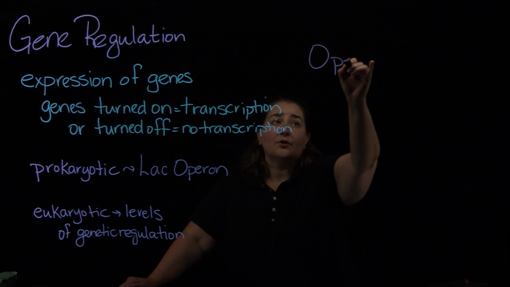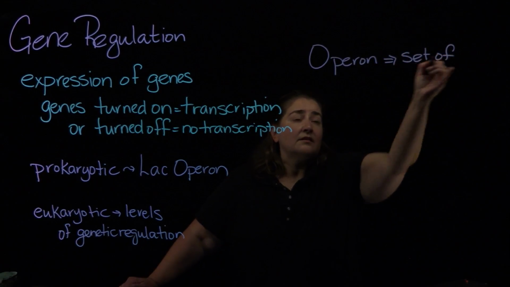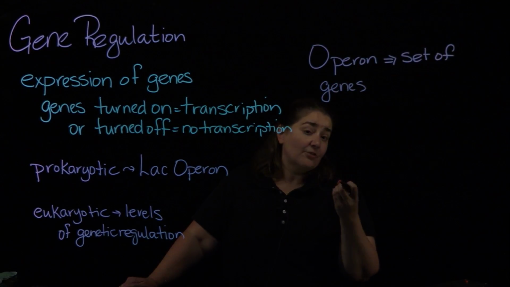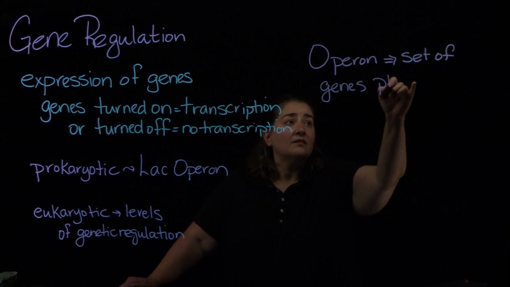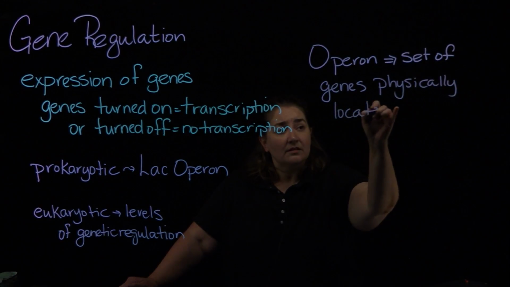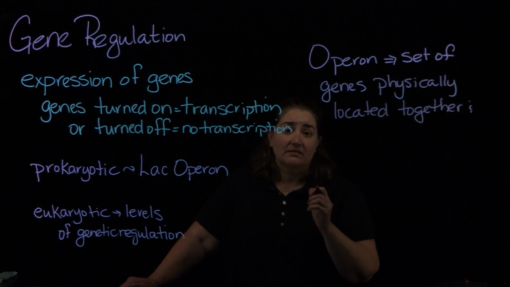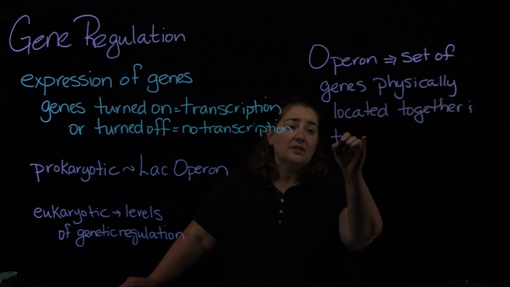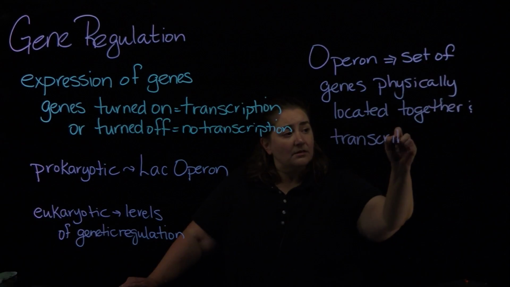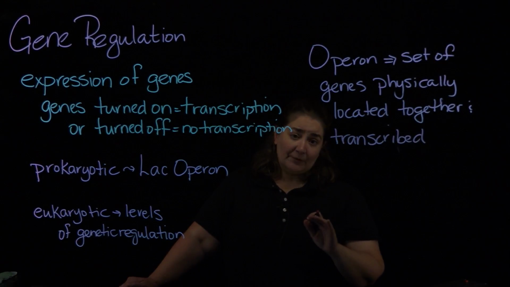When we talk about an operon, they're going to be a set of genes that physically are located together in the chromosome and are going to be transcribed together. Okay, so that's going to be our working definition of the operon.